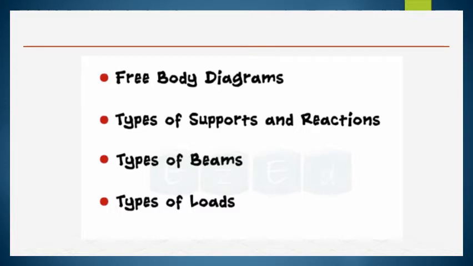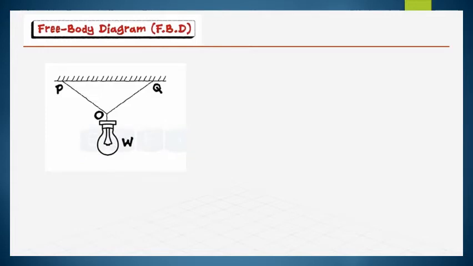Yes, what is a free body? If we have to analyze the forces acting on the lamp, then what do we have to do? Remove the wall connected to it and represent the forces acting on the cable. This is the first step we do, right?